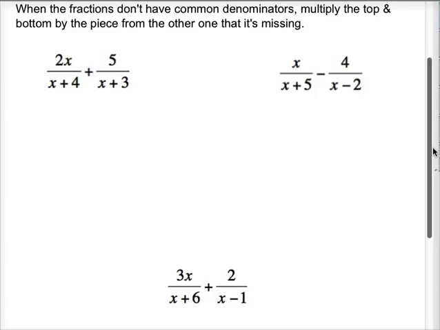So, what I want you to notice is this first one, okay, that is missing this x plus 3 piece in the denominator, correct? So what we're going to do is we're going to multiply top and bottom by that piece that it's missing.